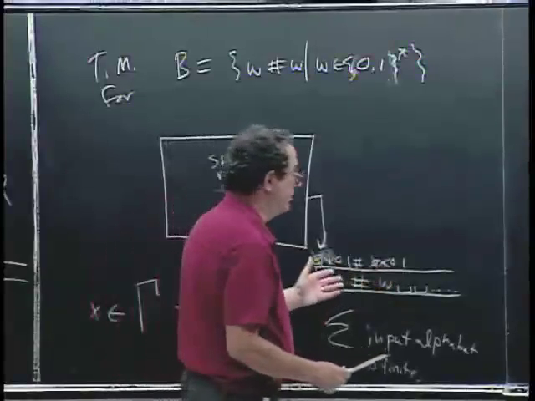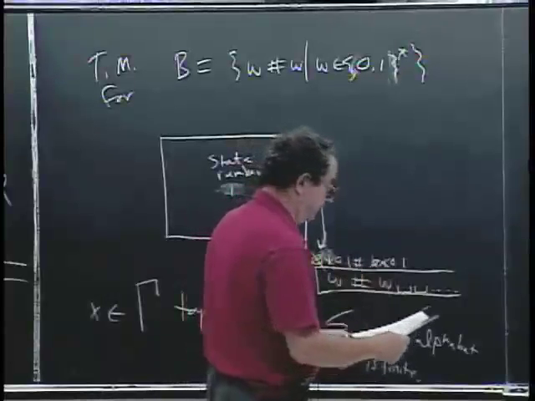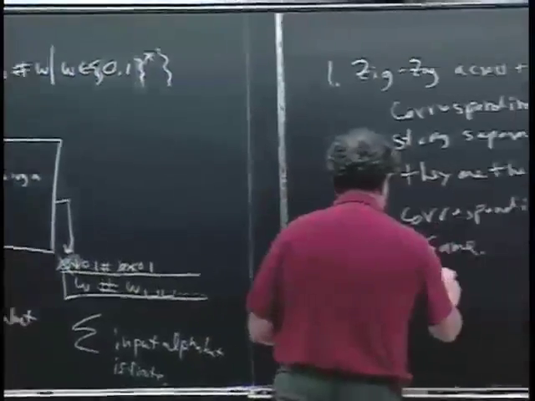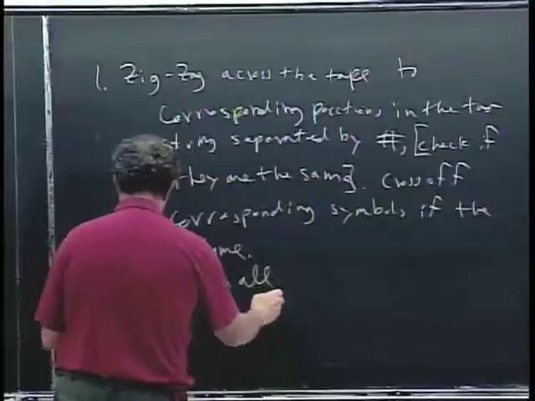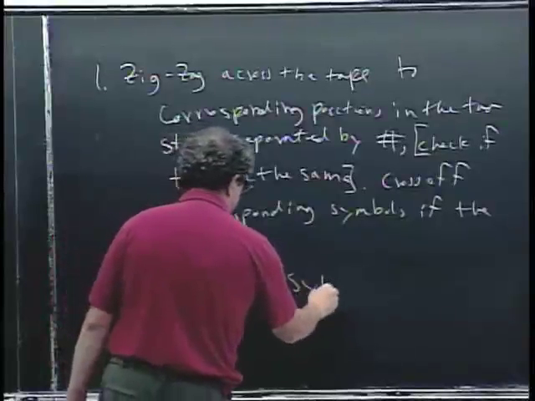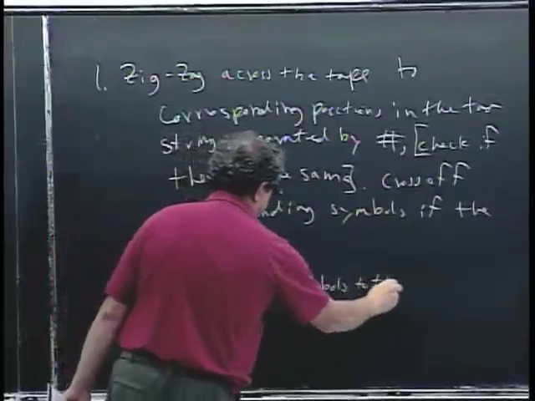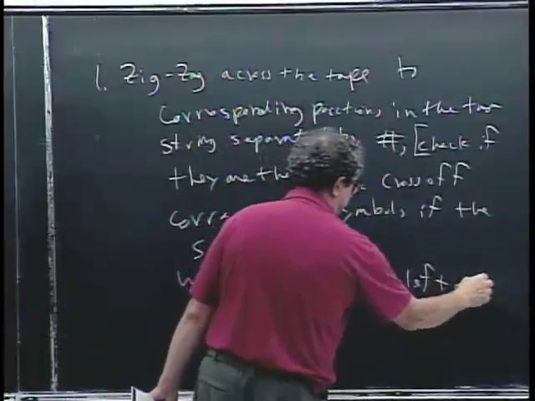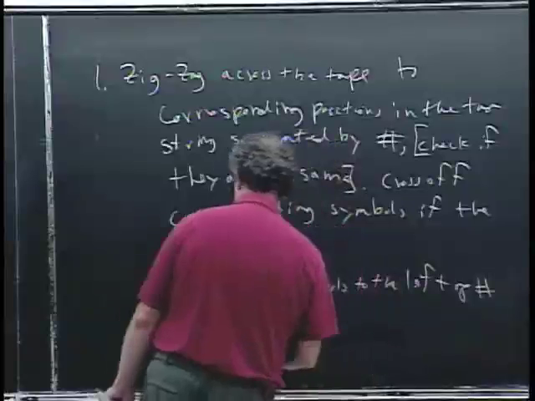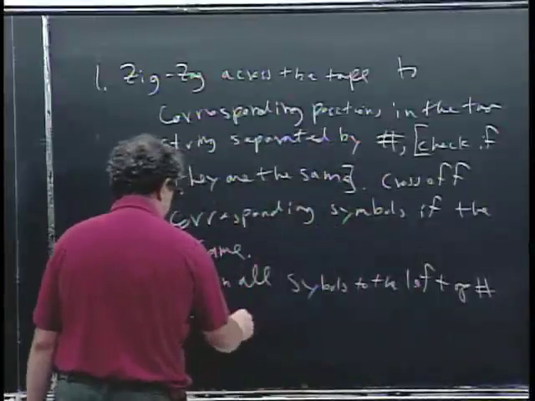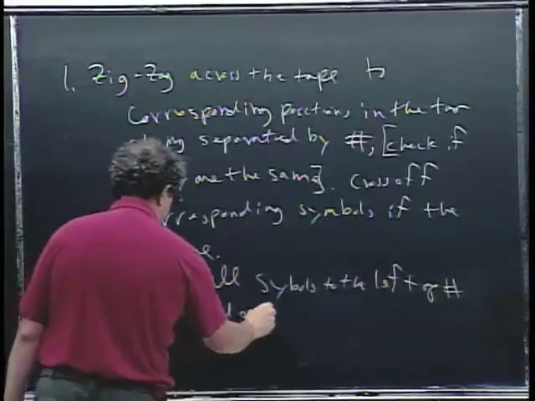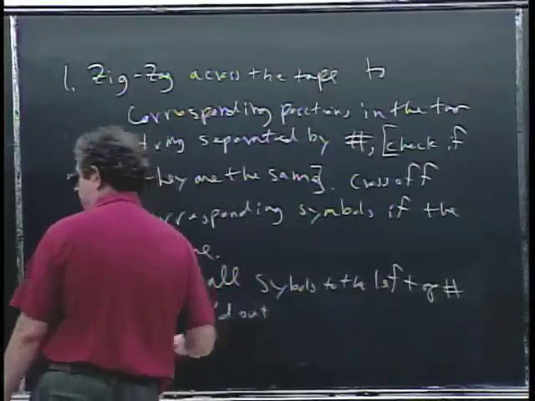And at the end, how do you know whether you're finally finished or not? When all symbols to the left of the hash are X'd out. And how do we determine that?